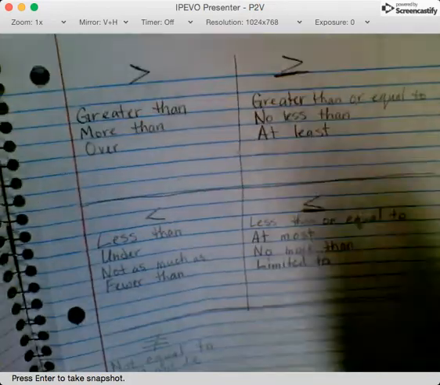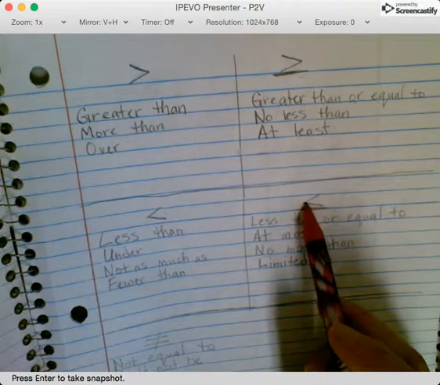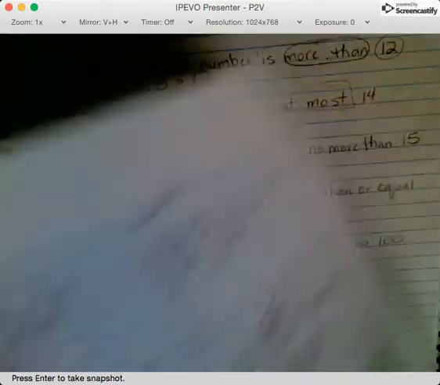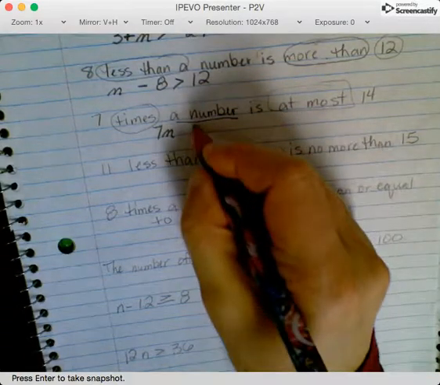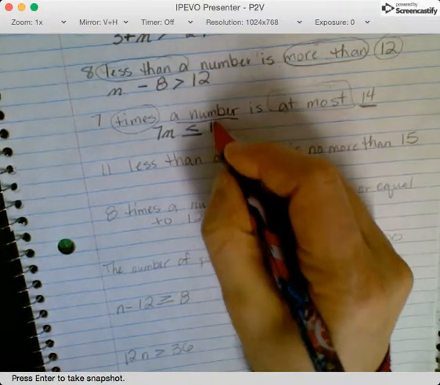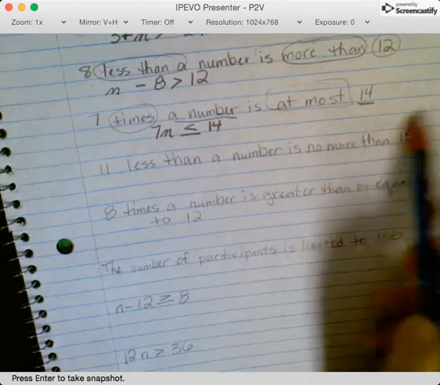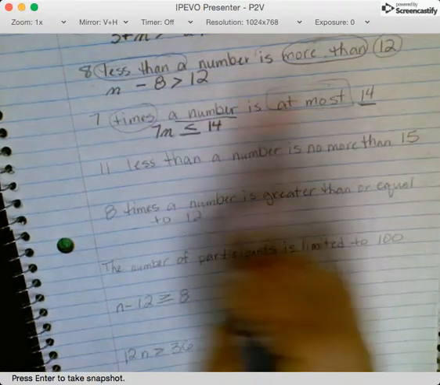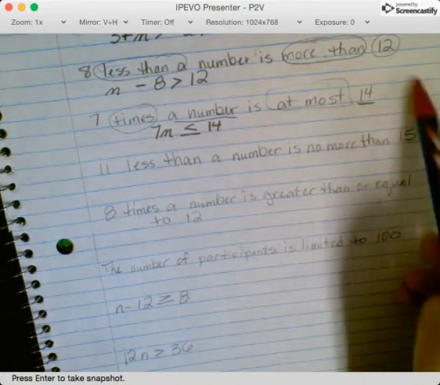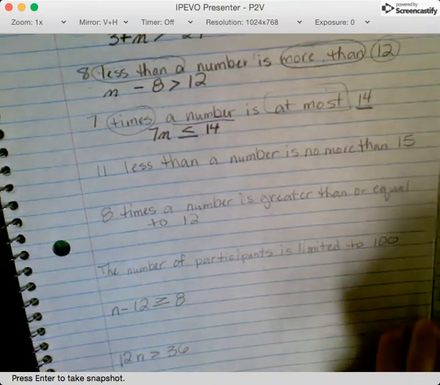So if I look at my chart here, at most is my less than or equal to sign. So I'm going to use that sign. And then 14 is my other number on my other side. And I could do this the other way and have my number over here and have my problem over here too. So they're not always this way.